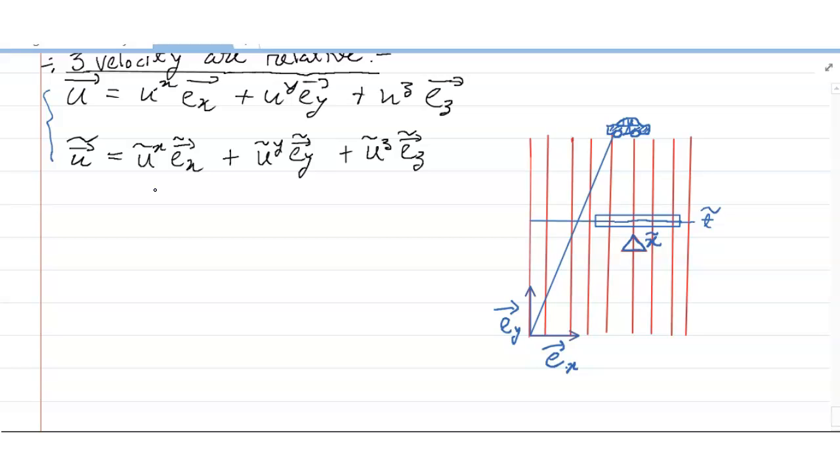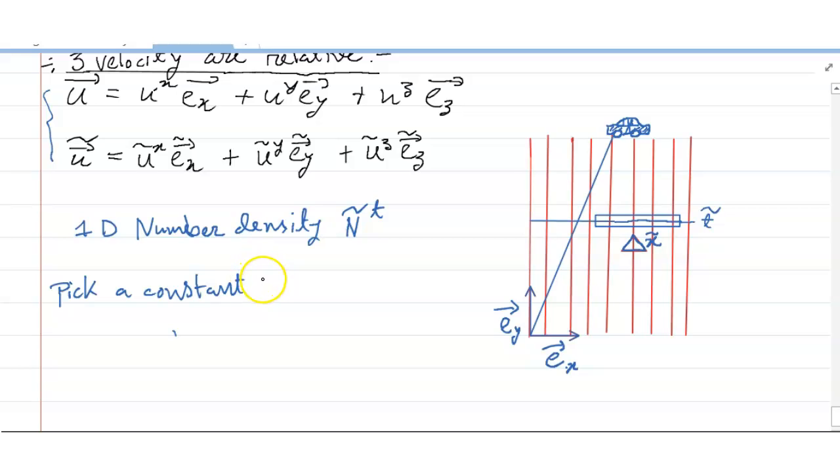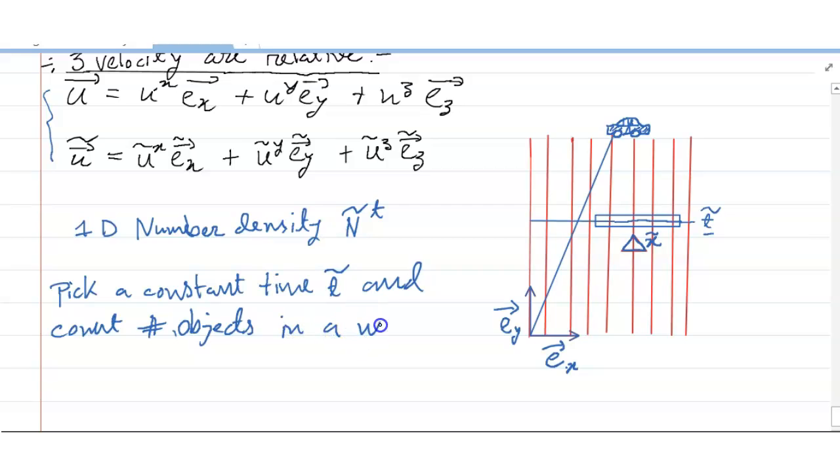Let us see a car moving to the right in the stationary frame, and the car reference frame will measure the same number density of particles. So for the 1D number density, pick a constant time t. Please see these pictures. This is t bar, and count the number of objects in a unit length.